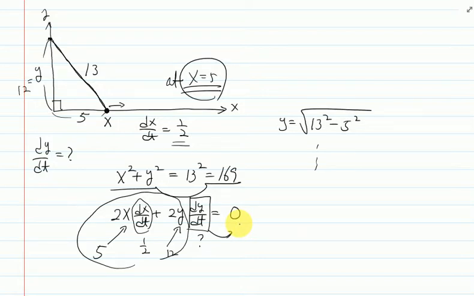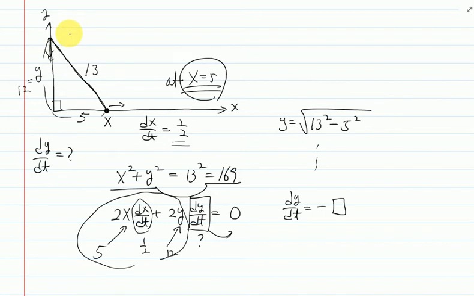Now, one tiny thing after we calculate it: because y is shrinking, we are going to get dy/dt is negative something, feet per second. But the question is already asking how fast the top of the ladder is sliding down, so it already gives us the direction of the movement.